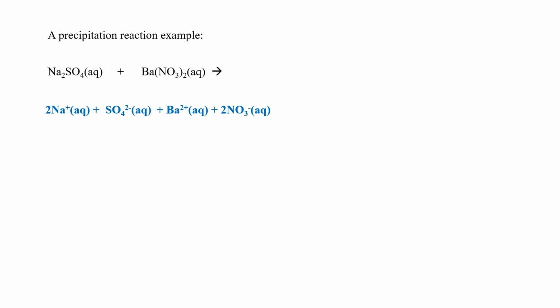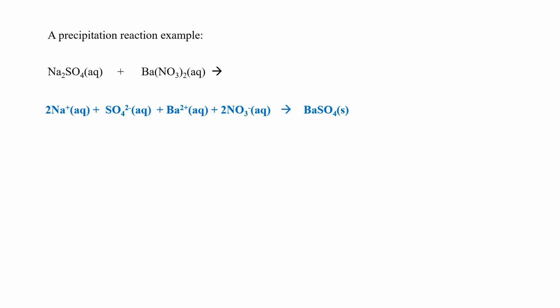So when these solutions are mixed, and sulfate from the sodium sulfate and barium from the barium nitrate can find each other, they can produce an insoluble substance, barium sulfate. So that's one of our products. By the way that it's written now, the two ions are written together because they're not individual ions in solution anymore.